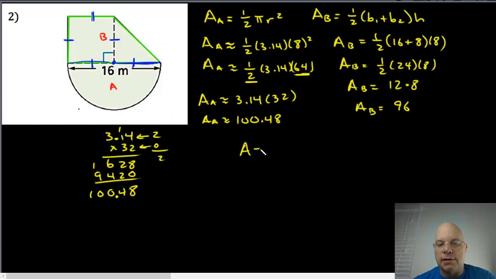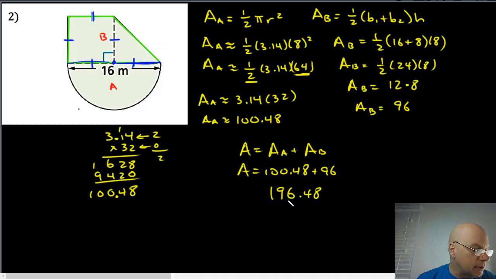The total area is going to be equal to area A plus area B. So 100.48 plus 96, that's easy enough, just 196.48. Did it ask us to round in a specific way?